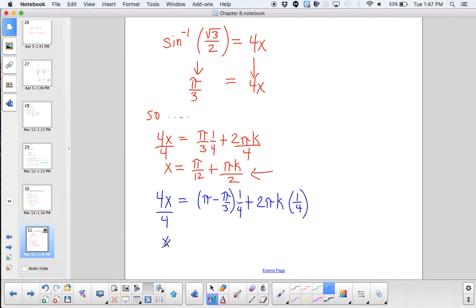Okay. And I get x is equal to, in this case, we're going to simplify this here to 2 pi over 3. And then when we multiply by 1/4, we end up getting the pi over 6 plus pi k over 2.